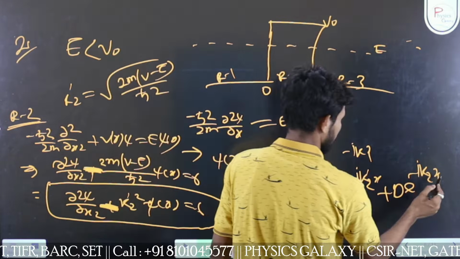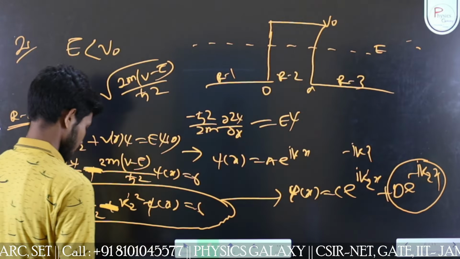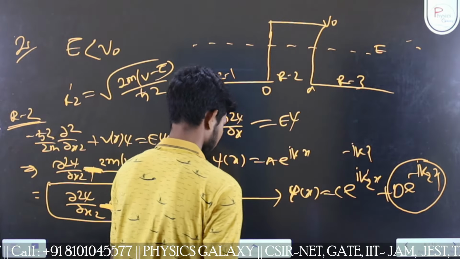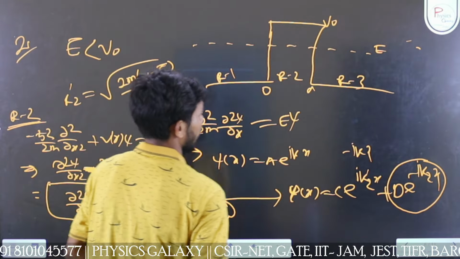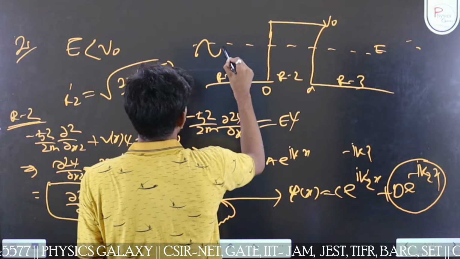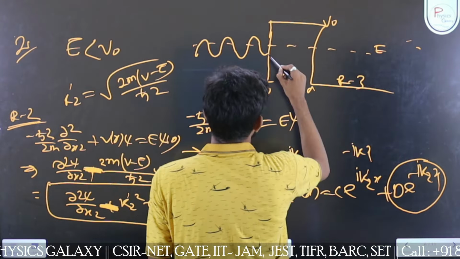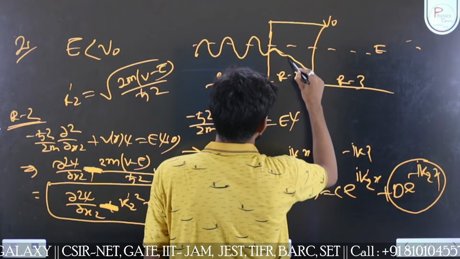From this we can see that it is a type of decaying function, okay, this type of decaying function. If we draw the wave function in this region, it will be decaying.